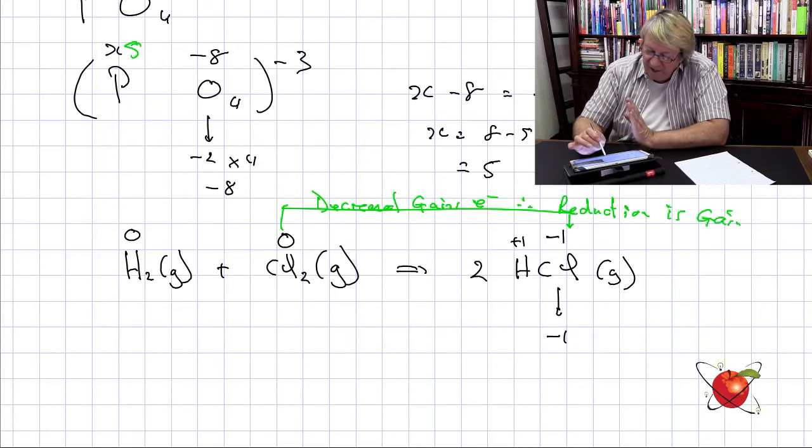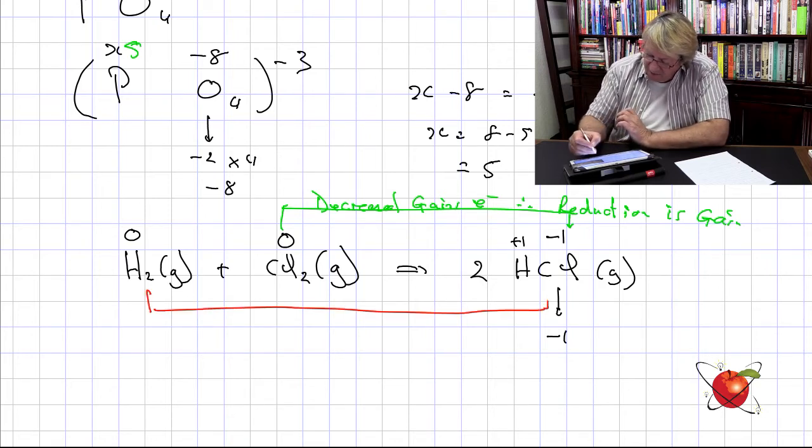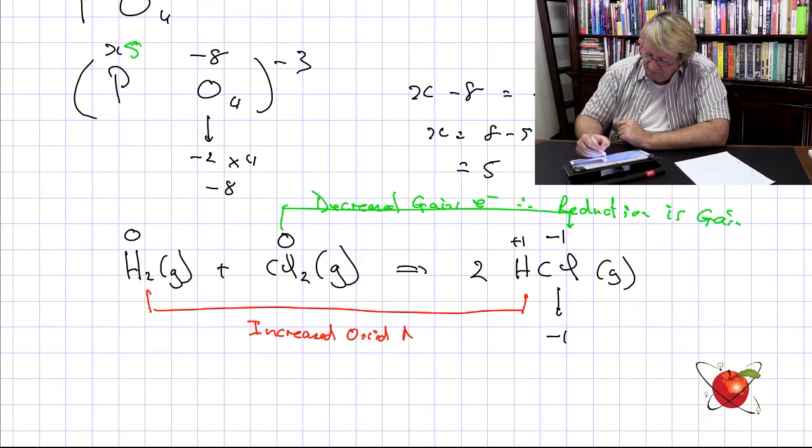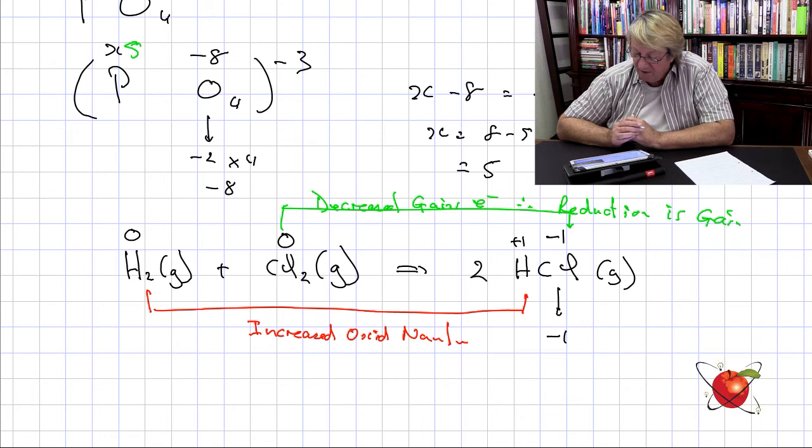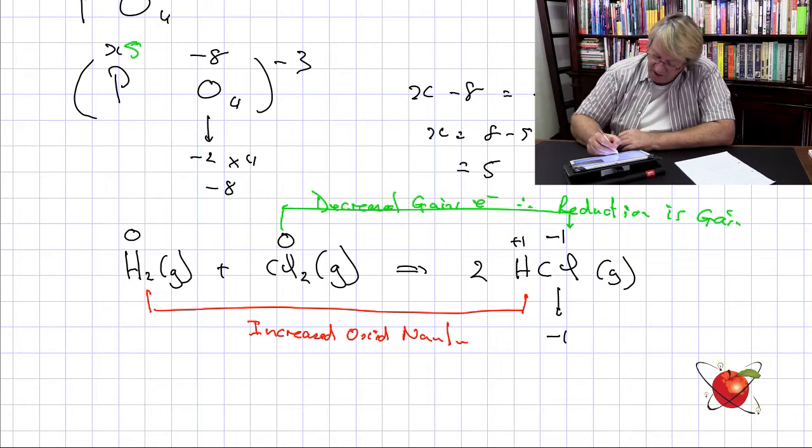And yeah, let's just check it properly. But you know what's coming. I'm just going to take it down this side just for a bit of tidiness. Here we've gone from 0 to 1, so we've increased the oxidation number. Increased means losing electrons.